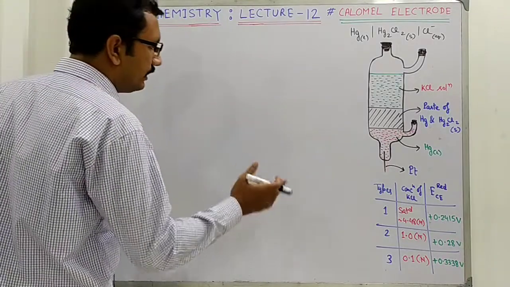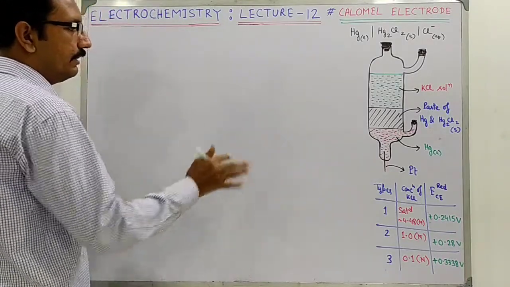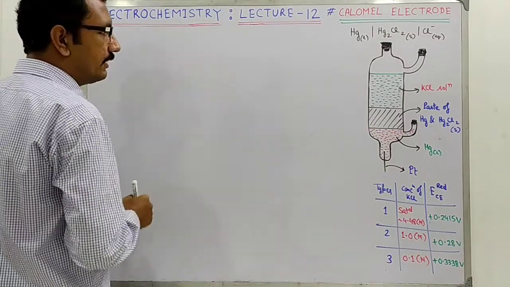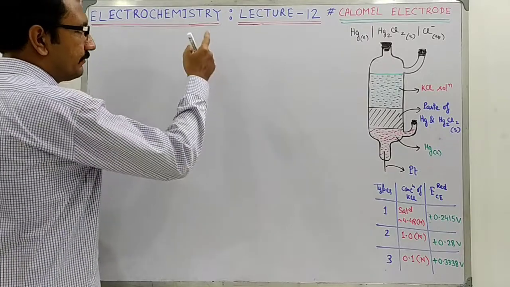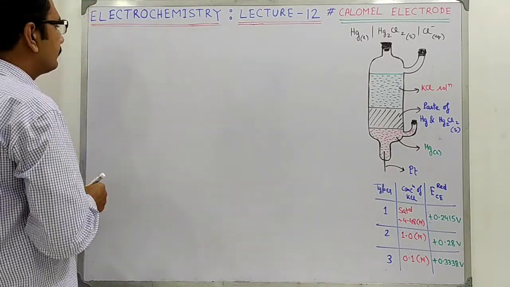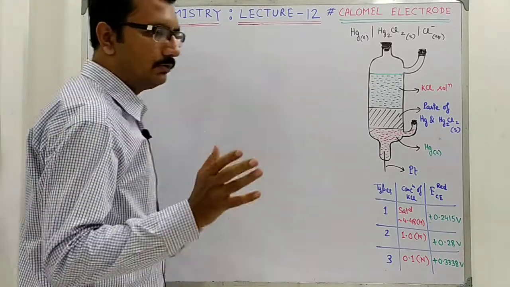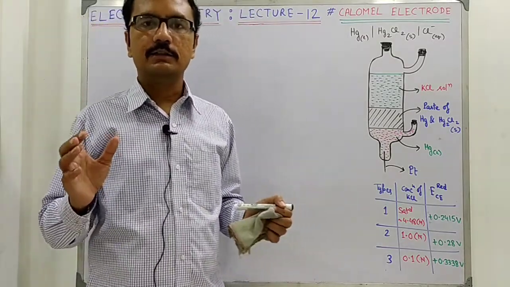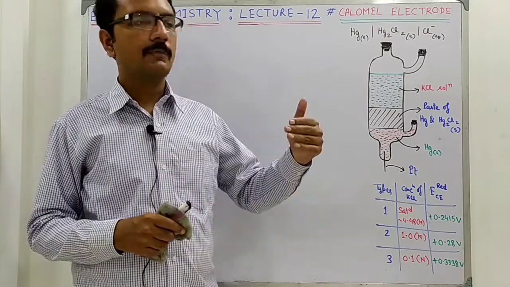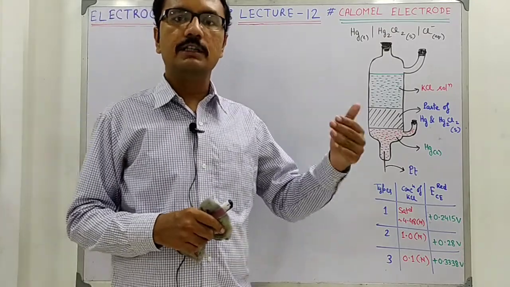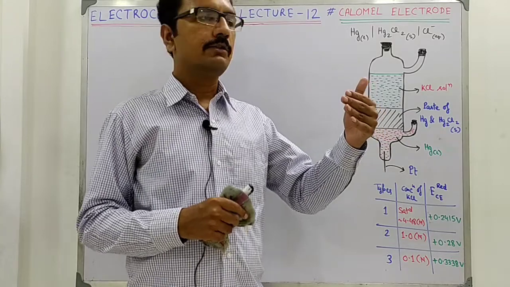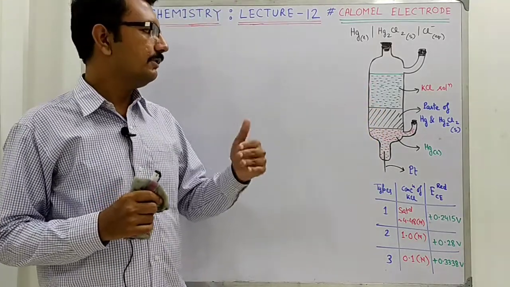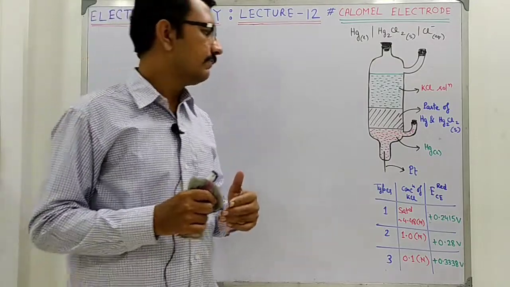So before going to the limitations of the standard hydrogen electrode, that was the primary reference electrode and has been discussed in lecture 11, first you have to know what are the criteria that make an electrode to be taken up as a reference electrode. That must be one's query.